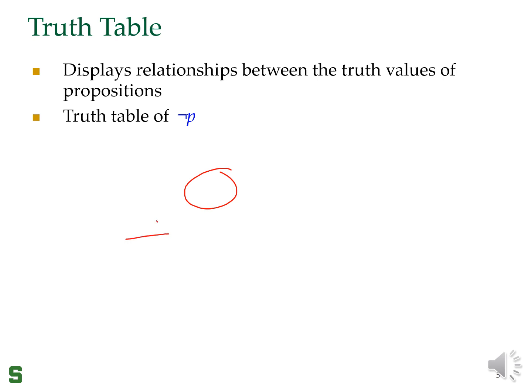So we are going to have two possible inputs, and we are going to figure out what the value of the output is going to be for each of them. So if P is true, not P is going to be false, because not P is capturing this notion that it's not the case that P is. If P is false, not P is going to be true.